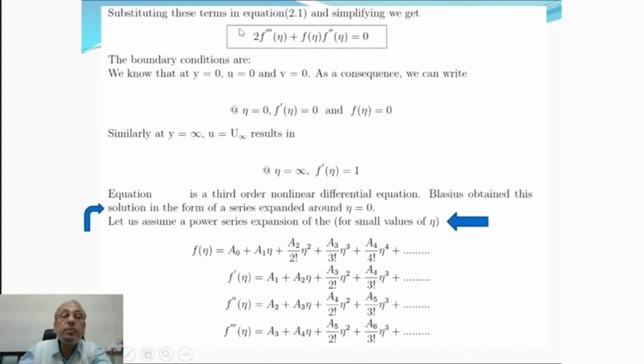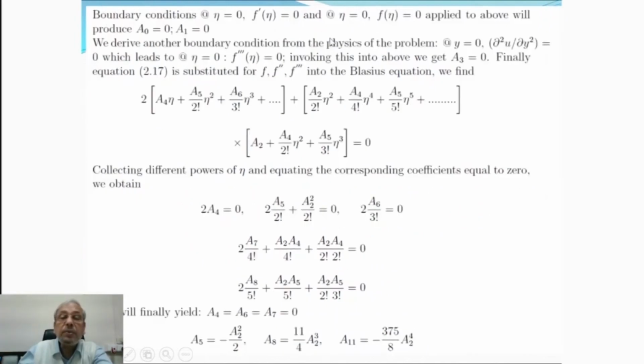Exactly, that's what we have to do. 2f triple prime eta plus f eta into f double prime eta, we have to set that equal to 0. Now if really this is equal to 0, then all the coefficients related to any power of eta should be 0. So we collect coefficients of different powers of eta and then equate those coefficients equal to 0.